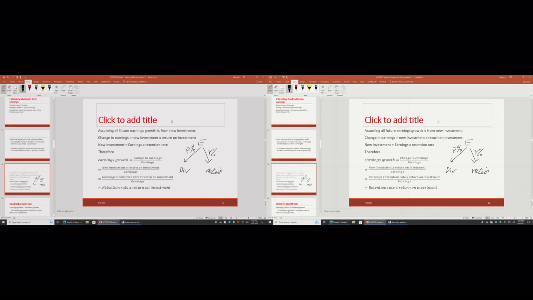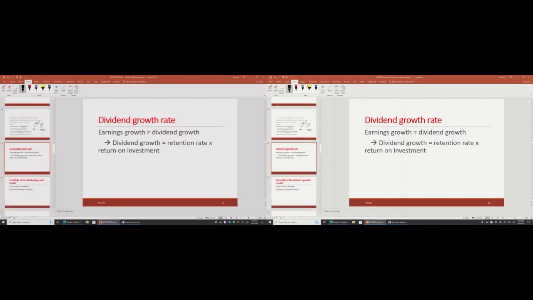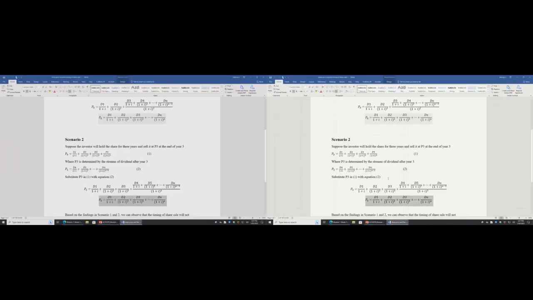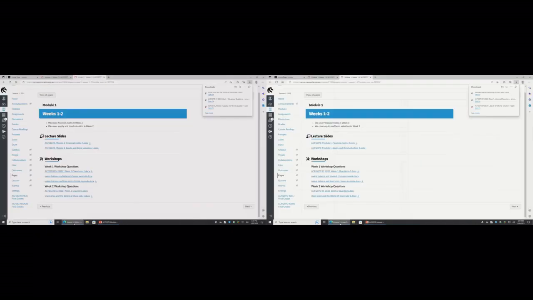So that's how we get an appropriate guess on the dividend growth from a theoretical point of view. Okay, so dividend growth, which equals the earnings growth, is the retention rate multiplied by the return on investment. Right, so let's look at some practice in terms of the dividend growth model.